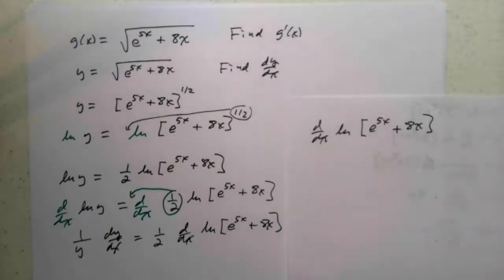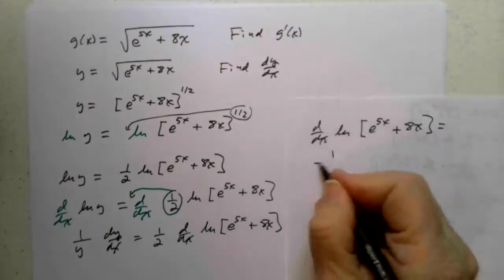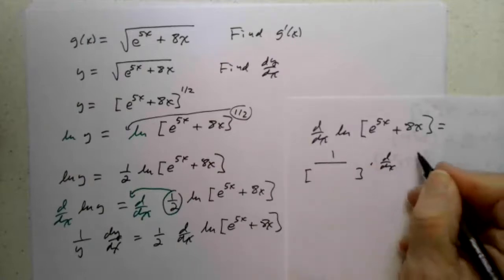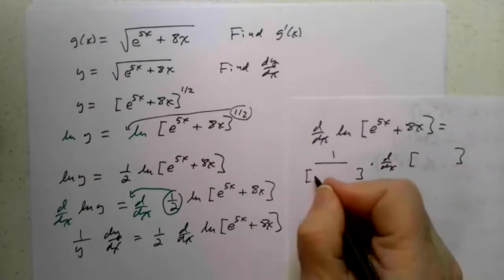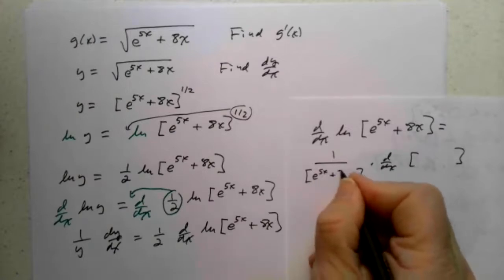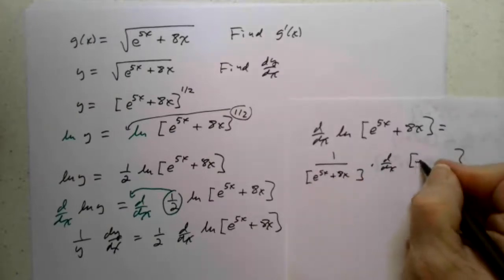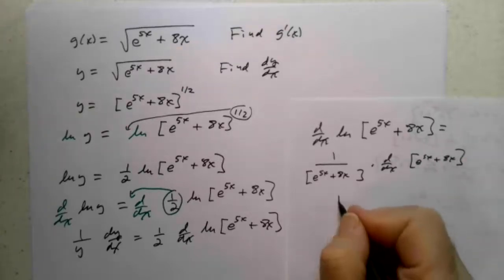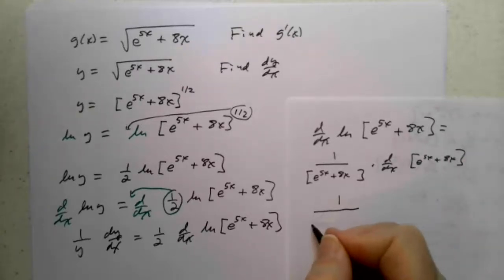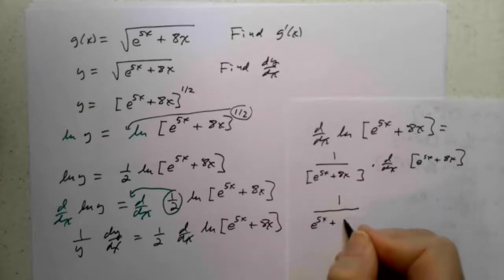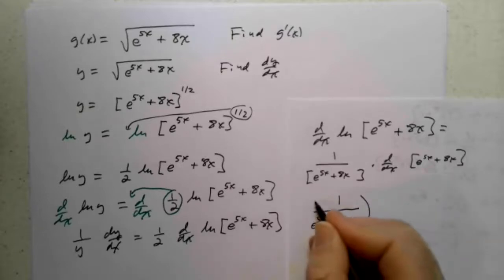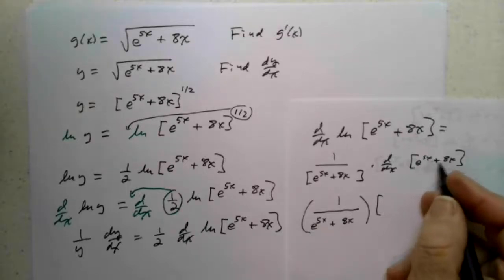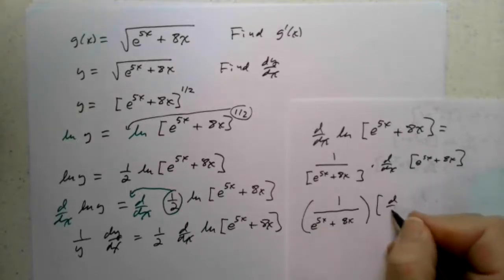The derivative of the log of something is 1 over the something times the derivative of the something. So it's 1 over e to the 5x plus 8x times the derivative of e to the 5x plus 8x, which is 1 over e to the 5x plus 8x times the derivative of the sum, which is the sum of the derivatives. So the derivative of e to the 5x plus the derivative of 8x.